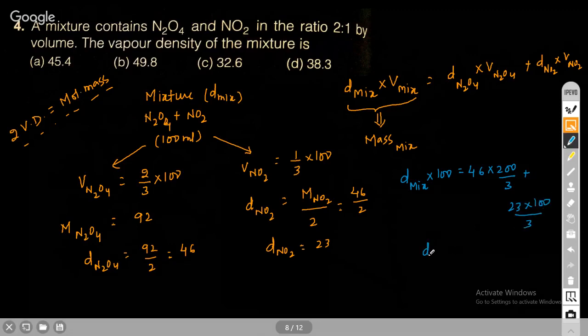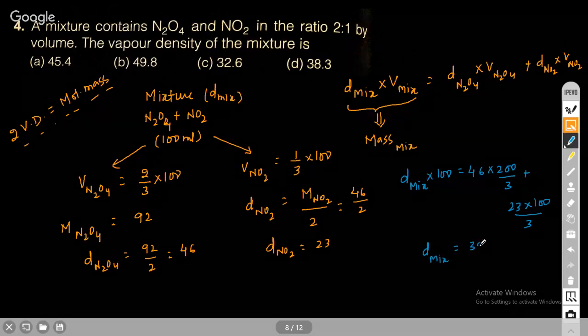When you solve this, the density of mixture you will get is 38.3. Whatever the unit we have, we can write down. Okay, the answer will be option D. Understood?